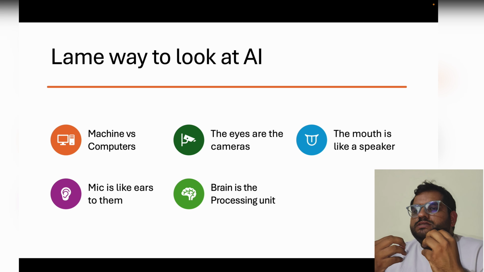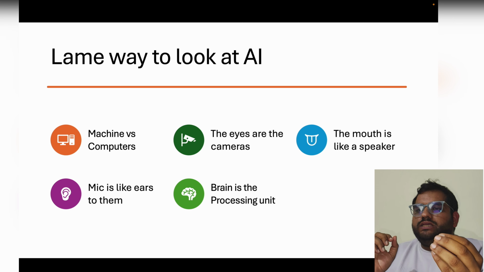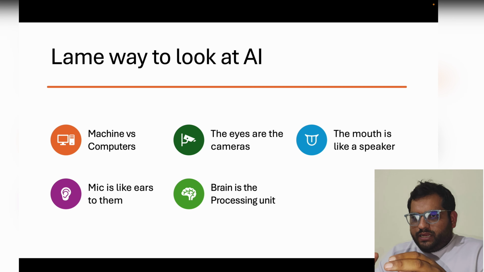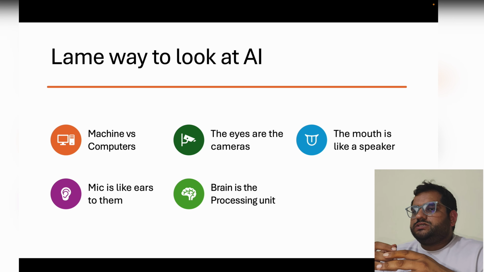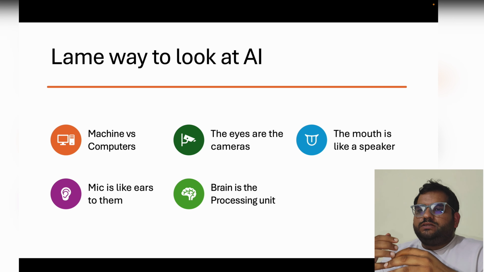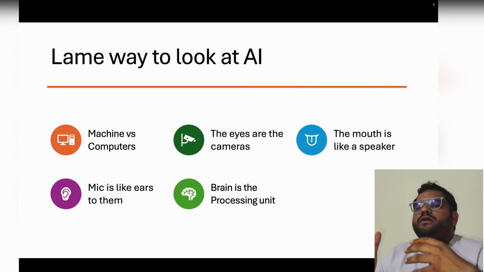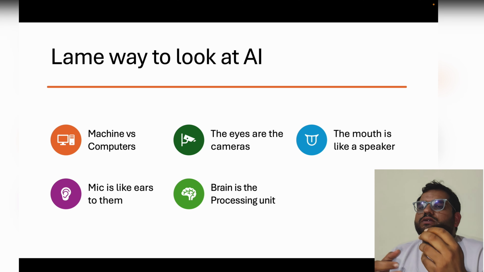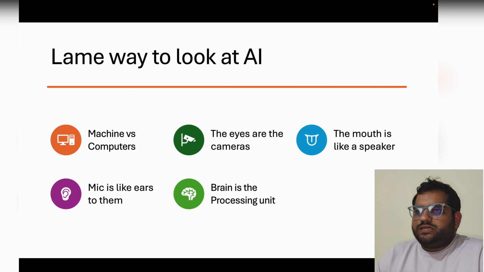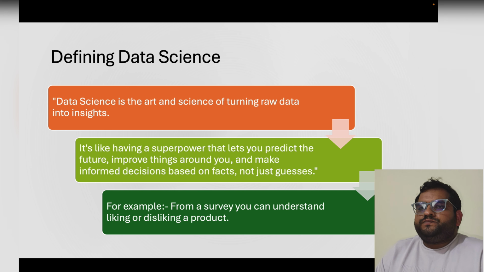Similarly, the mic listens to noise or something not related to it, but the brain interprets what it means, where things are coming from, and how things are there. So our brain does all the processing. Fun fact: the camera part is image processing, the speaker is natural language generation, and the mic or the ears is natural language processing, where it is trying to handle the audio. So this is something which I generally tell to laymen.